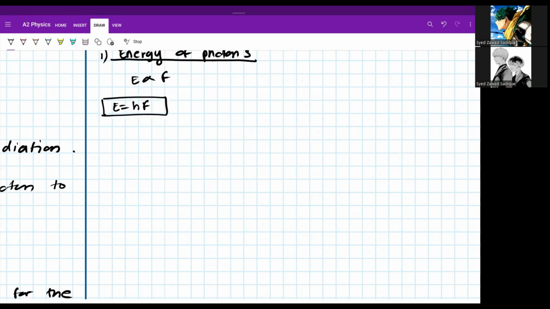We also know velocity of a wave is v equals f lambda. So we can say frequency equals v by lambda. The velocity of light is denoted as c.